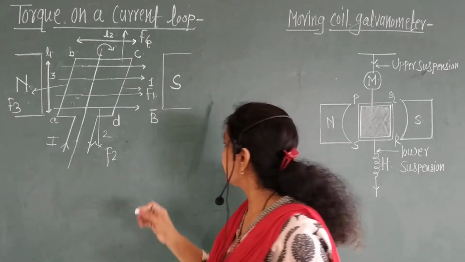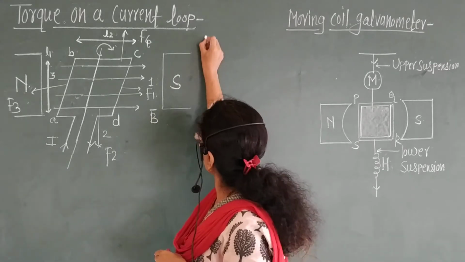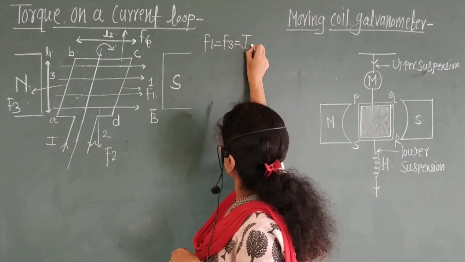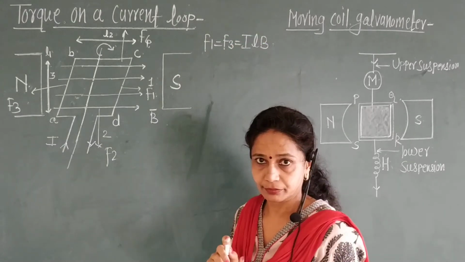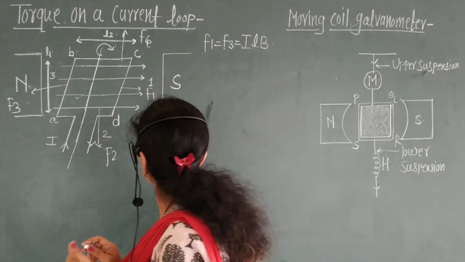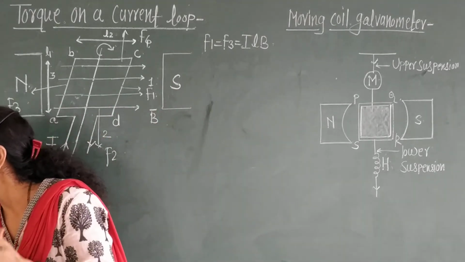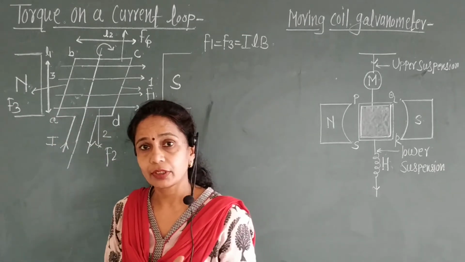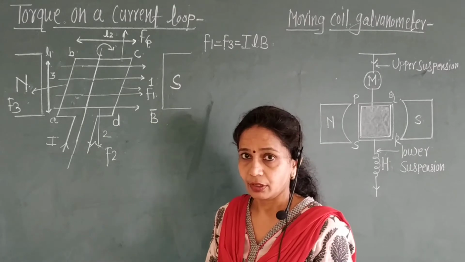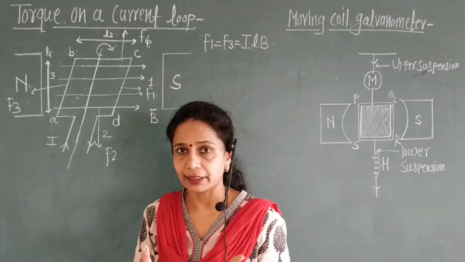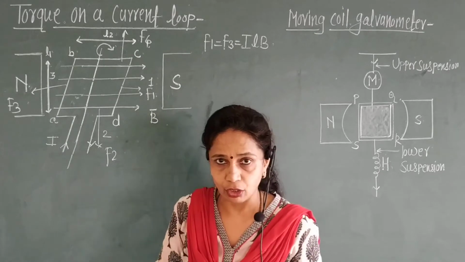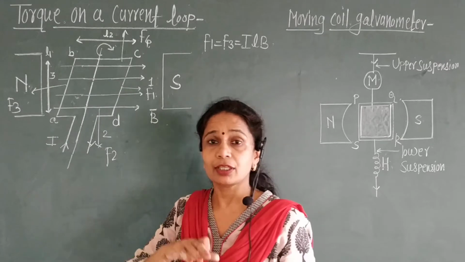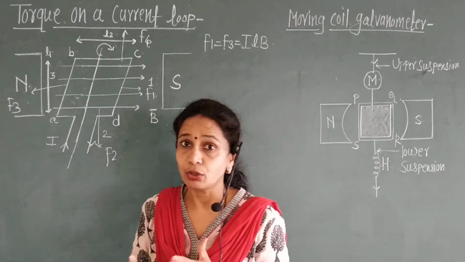The magnitude of that force is F1 equal to F3 equal to ILB. Due to this uniform magnetic field, forces act on the rectangular loop, therefore torque is acting on the rectangular loop, and this torque tends to cause rotation.